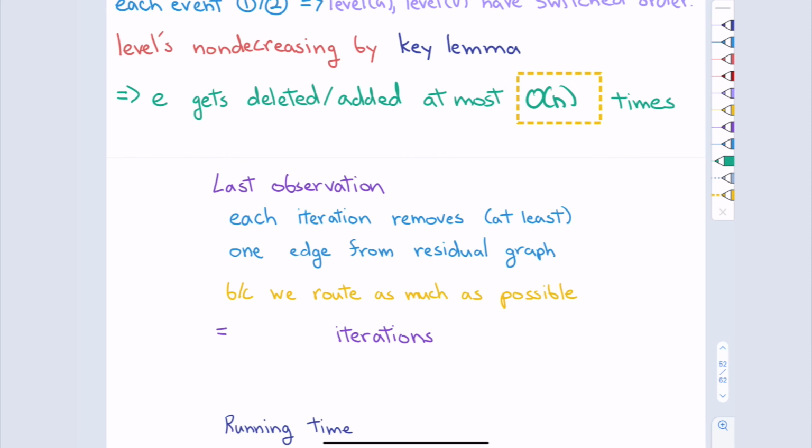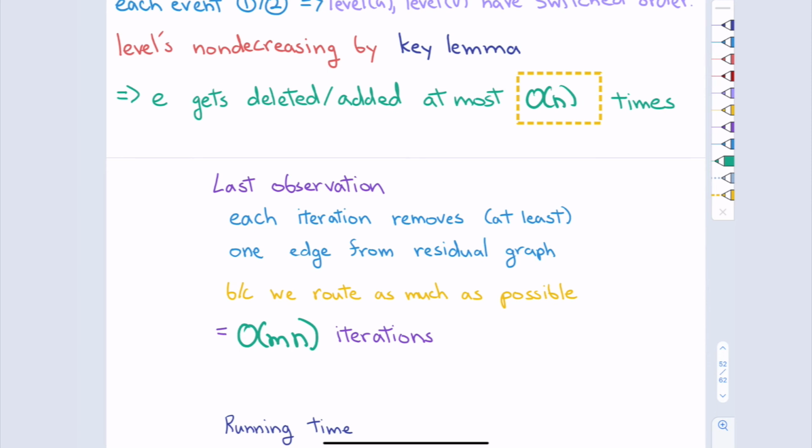So if I know that every iteration removes at least one edge, and I know that edges can only get removed n times each, how many iterations can I have? Okay, so I'm going to charge every iteration to removing some edge.